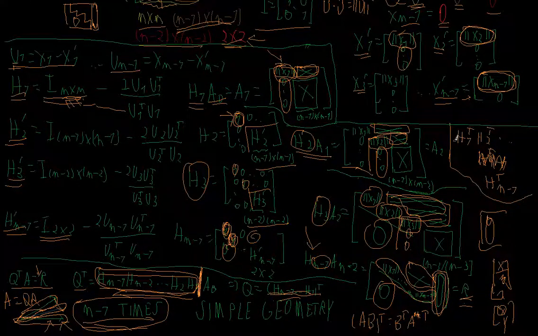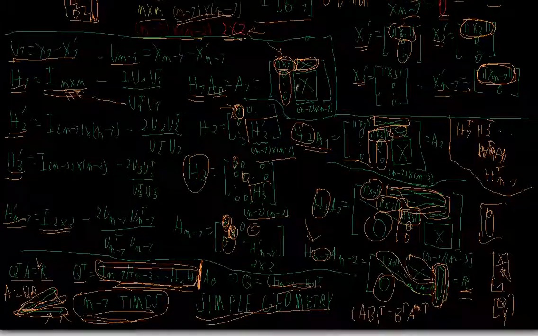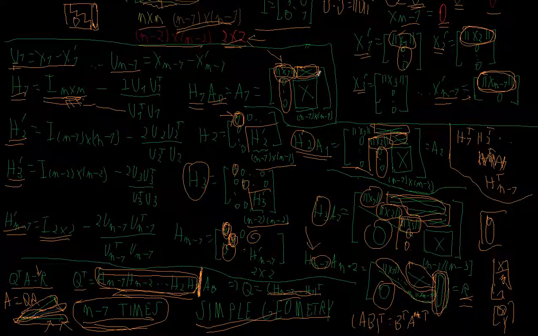So that's just a convenient way to store large data inside a computer, which is the use of this Householder transformation. This is simple geometry, by the way. And also, where does this formula come from? We showed it in the first video. Also, you can find it on the internet. Just Google search for Householder transformation intuition.